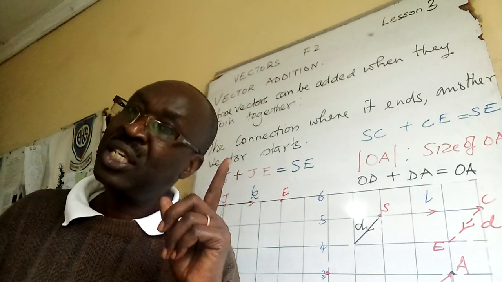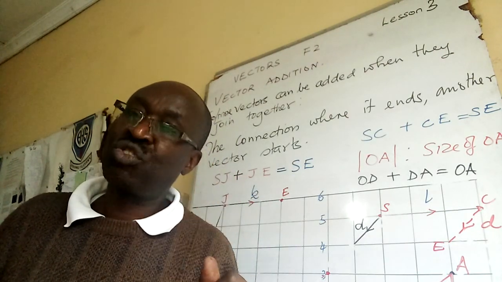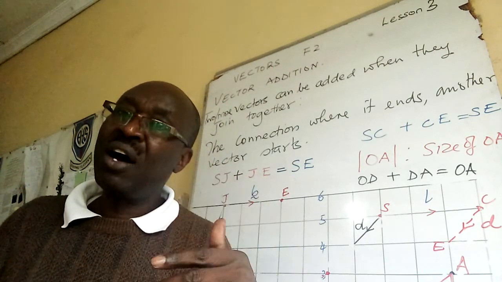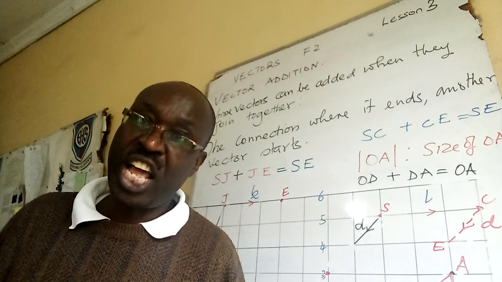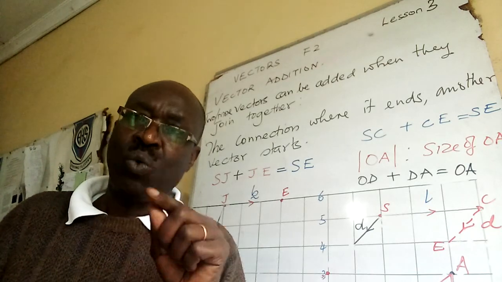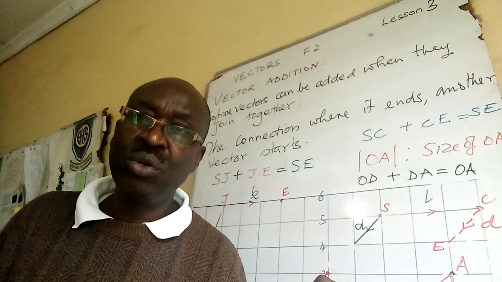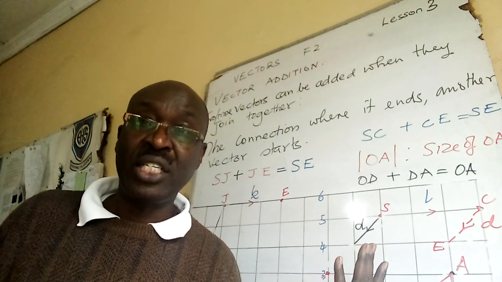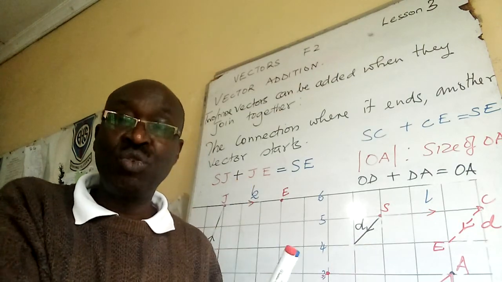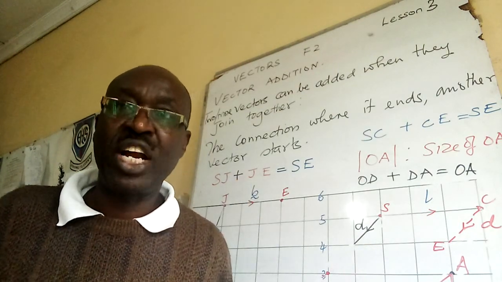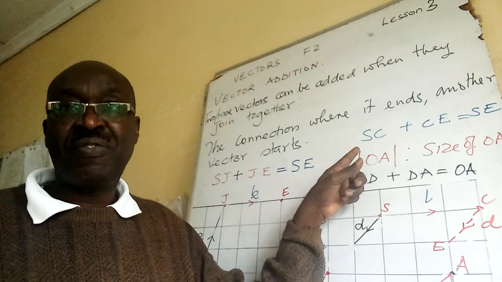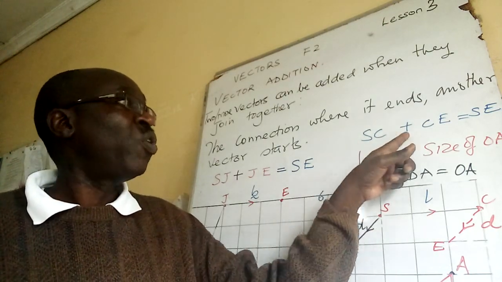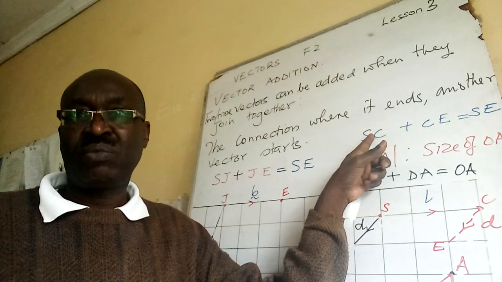Remember, this is Form 2, from scratch. So you will have these lessons maybe up to lesson 7 or 8. What you need to do is take your book, take your Cartesian plane, try to draw vectors that can connect, and then give them letters. See if you follow all this.